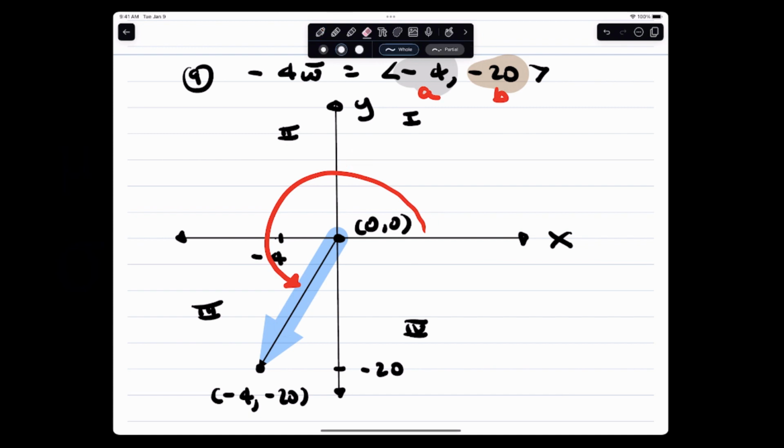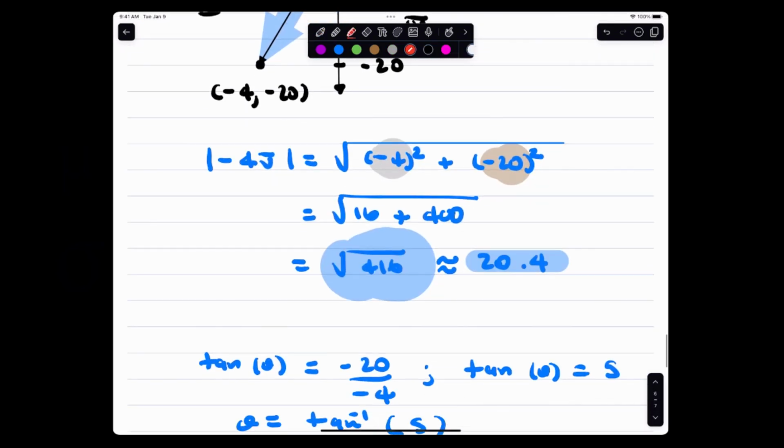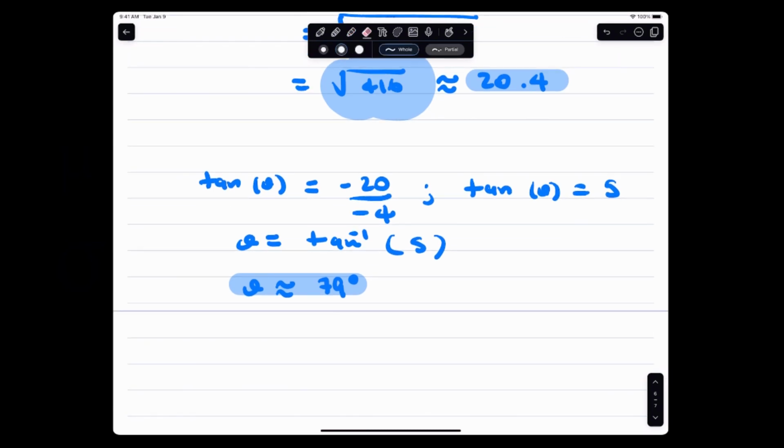What you got in the calculator here, believe it or not, is this. Your calculator gave you this angle. You can't trust your calculator. See, your calculator is wrong.